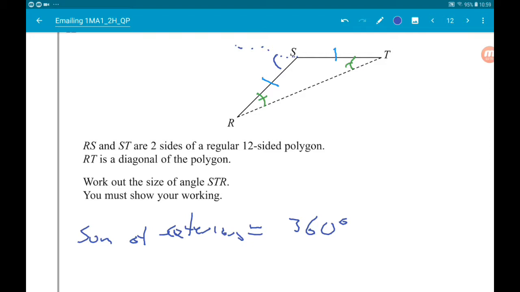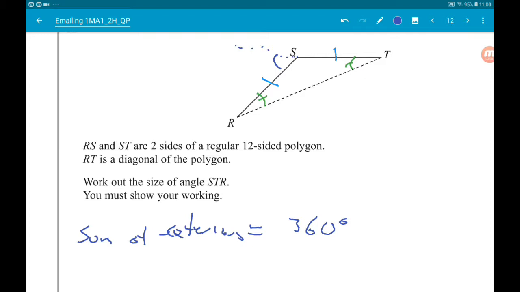Now, if you have a regular polygon, the exterior angles are all the same, and you have the same number of exterior angles as sides. So, the reason that we're finding an exterior angle is an exterior and an interior make up angles on a straight line.